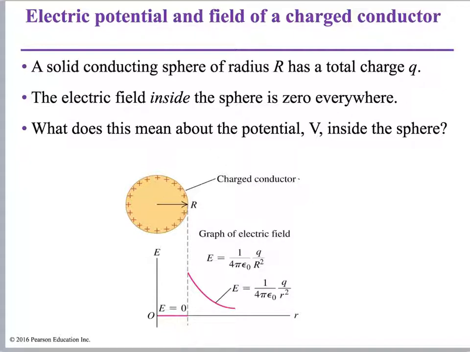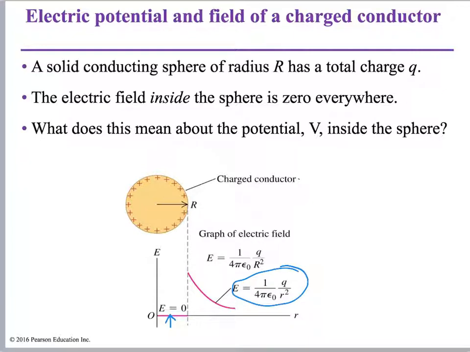Just reminding you, we talked about conductors at the end of last chapter, and we said that when our conductor is in electrostatic equilibrium, the electric field inside of the conductor is 0. Right here we see that. And all the charge remains on the surface when it's in equilibrium. And so you see here that once we get to the surface, the electric field looks just like the electric field of a point charge.